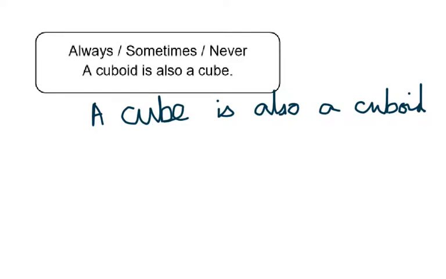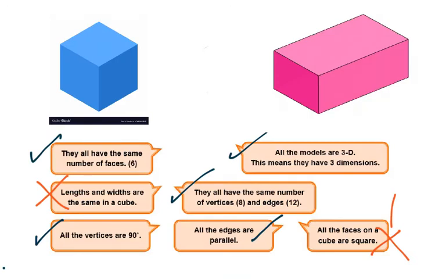The same is true with a cube and a cuboid. A cube is a cuboid. It meets all the criteria for a cuboid, but a cuboid is not a cube because it might have rectangles. Whereas a cube does meet all of the criteria to be a cuboid as well.